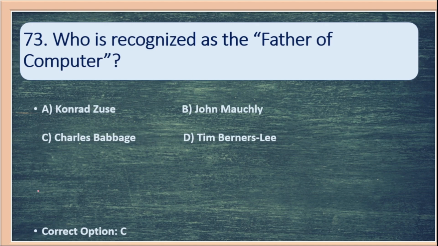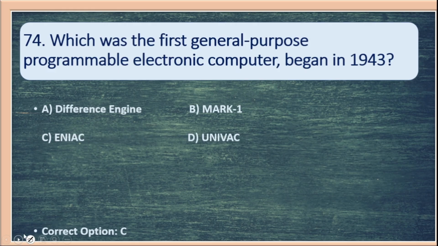Who is recognized as the father of the computer? Conrad Hughes, John Macaulay, Charles Babbage, Tim Berners-Lee. Answer is C, Charles Babbage. Which was the first general purpose programmable electronic computer, begun in 1943?